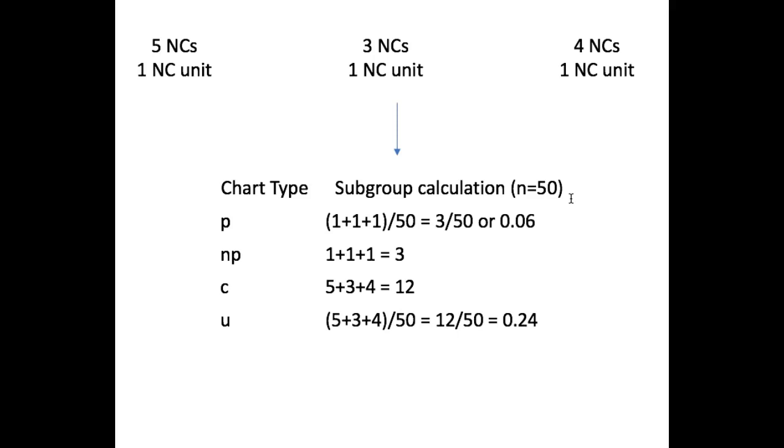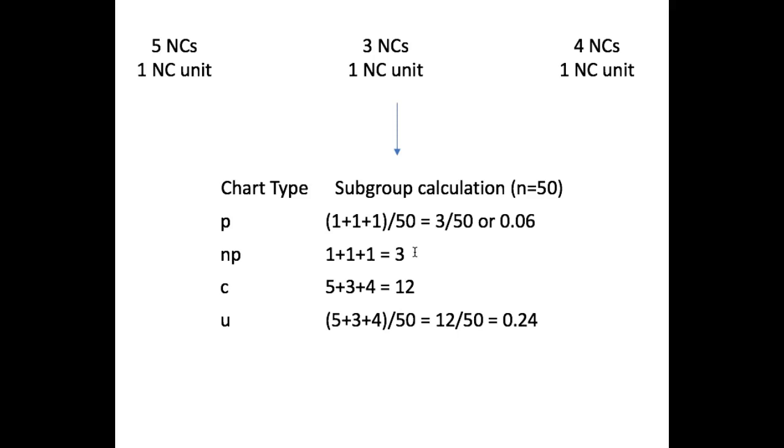So we have subgroup, let's say 1, and our y point is 0.06. If we wanted to make an NP chart, we're still looking at nonconforming units, but this time we're actually doing a count of them. So that's just 1 plus 1 plus 1 is 3, and 3 would go on our y-axis.